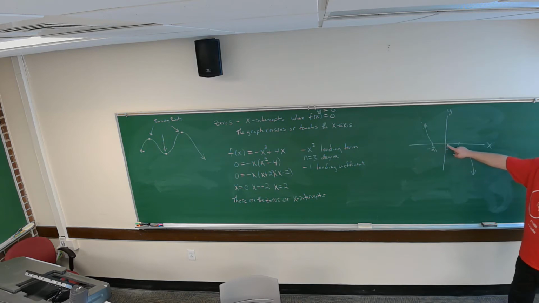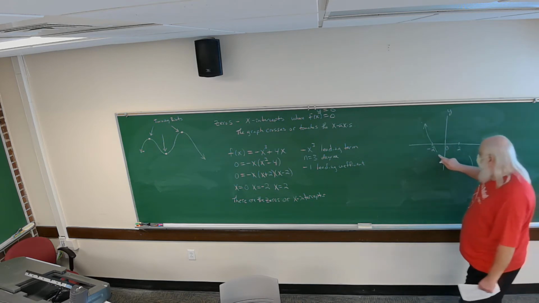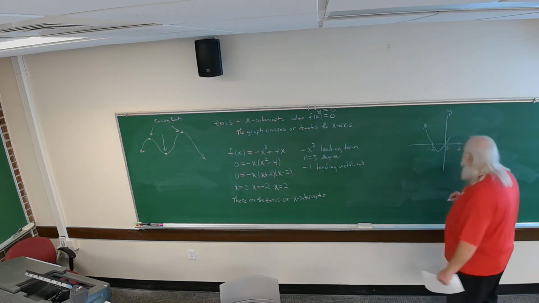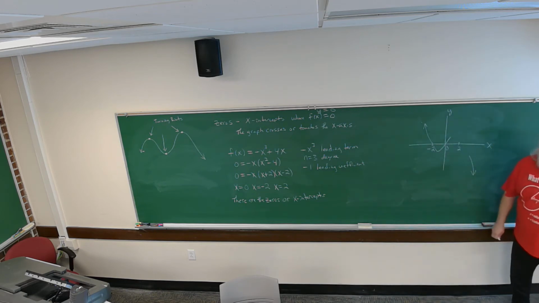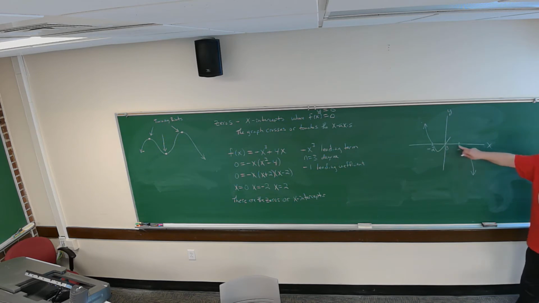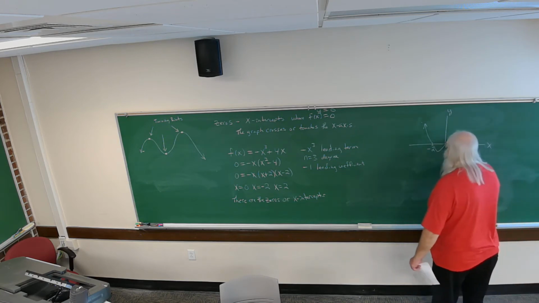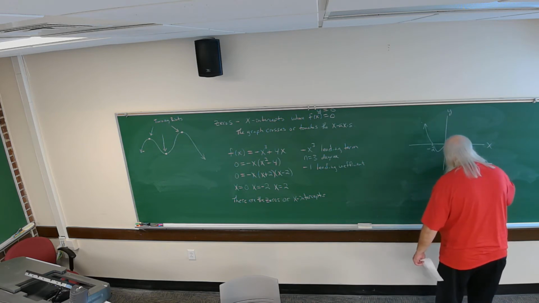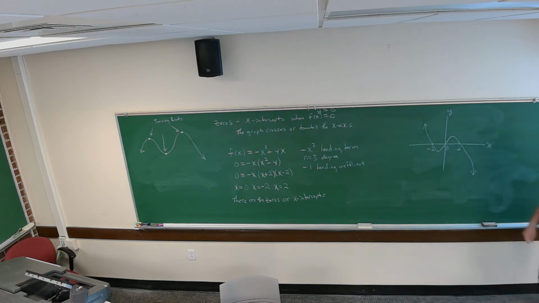And then it's got to turn and cross at x equals 0. So there's got to be a turning point in here somewhere where the graph turns and then crosses the x-axis at x equals 0. And then there's got to be another turning point between 0 and 2 where the graph then comes down and crosses at x equals 2. And then it goes down forever on the right hand side.